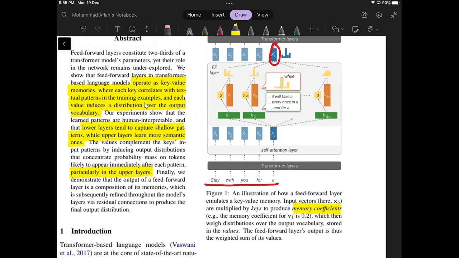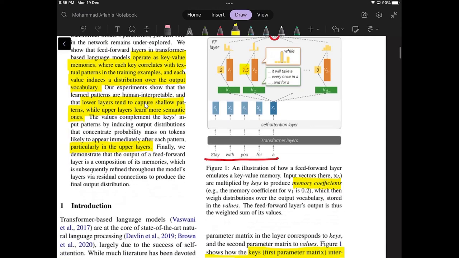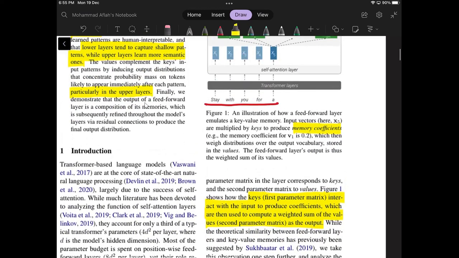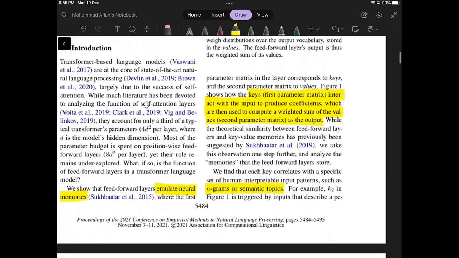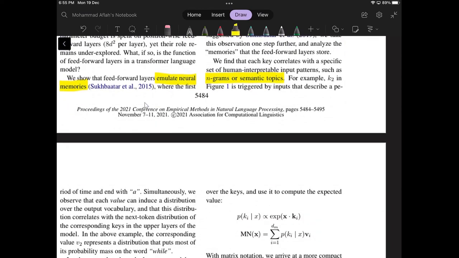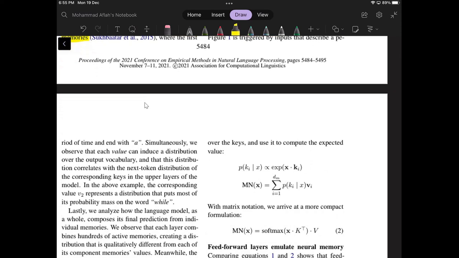K2 is getting a very high weight, as you can see, a weight of 1.5, while others are like 0.2 and 0. So it is being triggered by the input, which is talking about some period of time, because you can see it's a time-like statement and it's ending with "a".